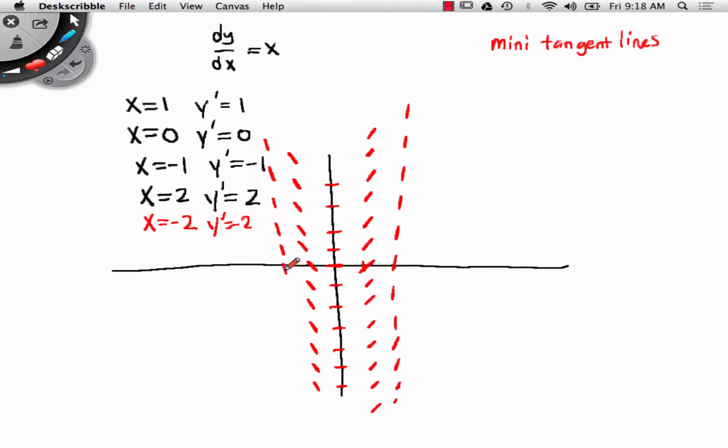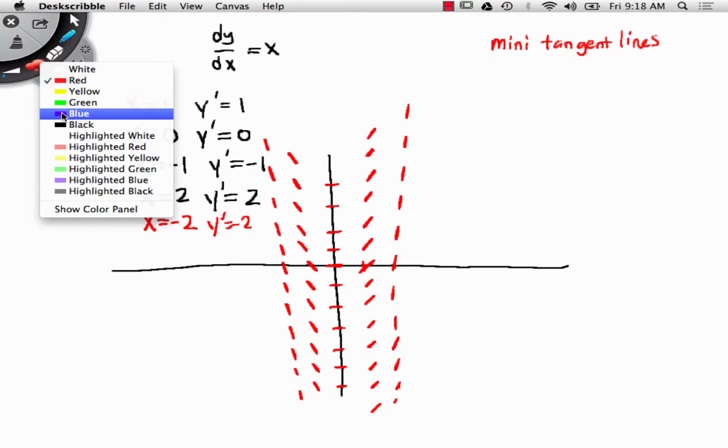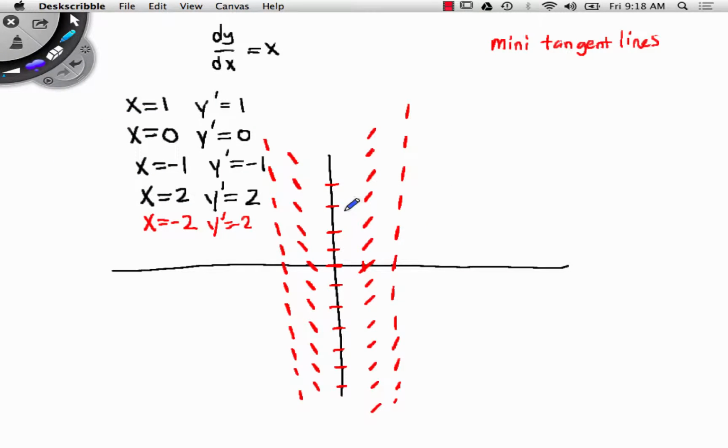And I hope you see something happening here. It makes like a curve. Yes, it actually looks like the parabola that it's supposed to be. Do you see the parabolas emerging?